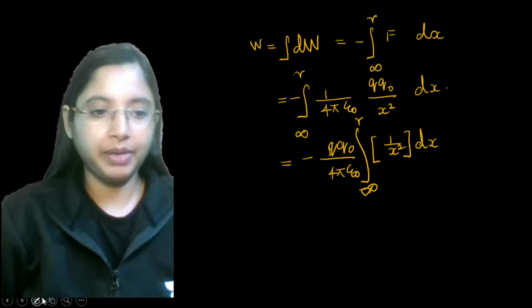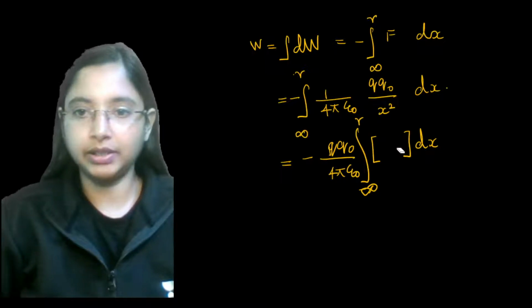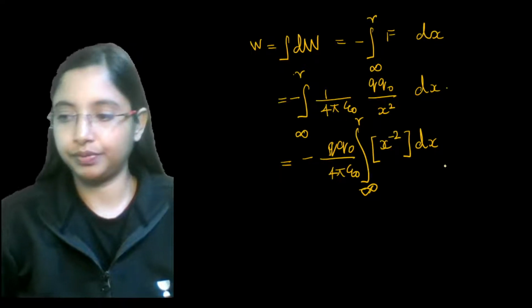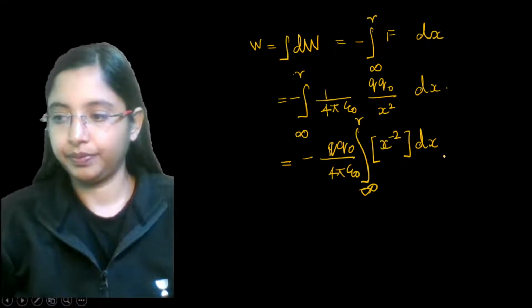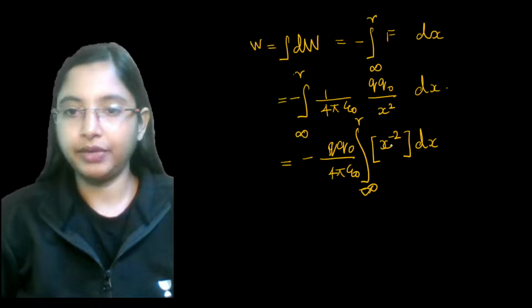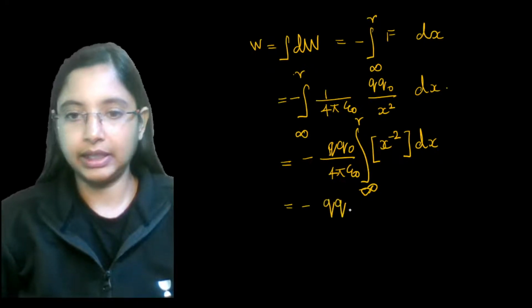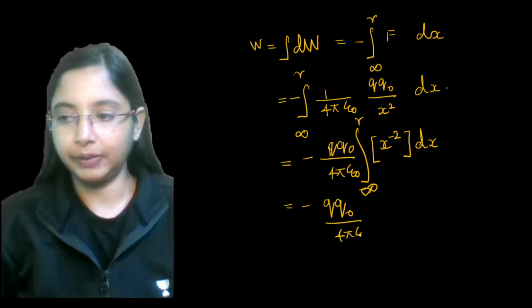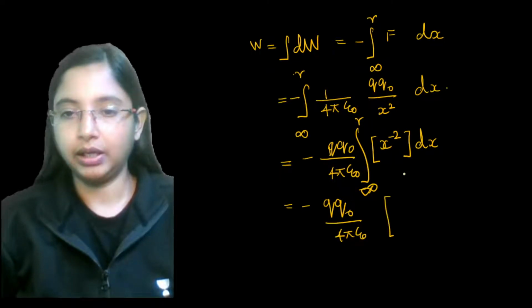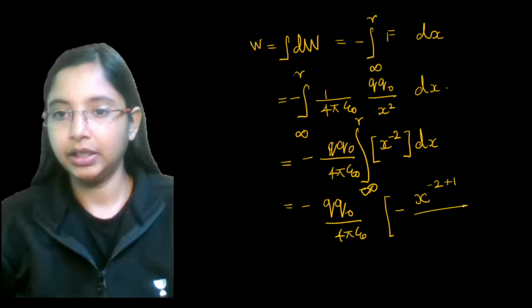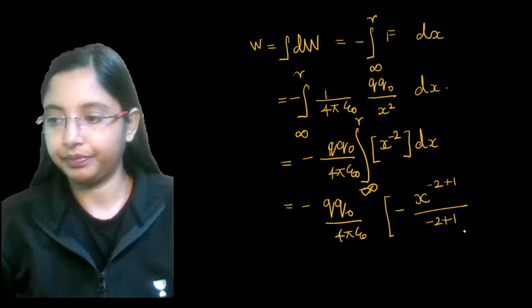1 by x square is nothing but x to the power of minus 2. Now, the integration of x to the power of minus 2 dx is very simple. It is x to the power of minus 2 plus 1, divided by minus 2 plus 1.